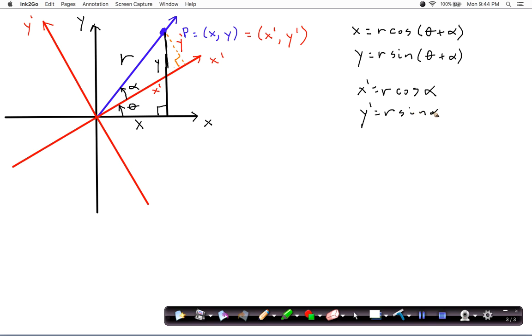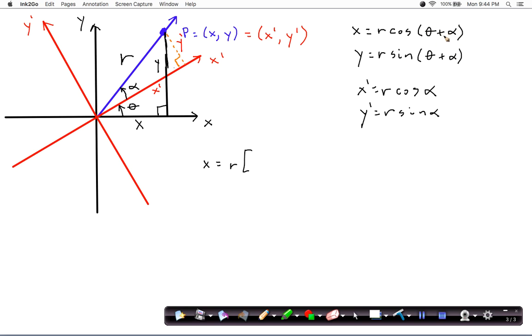Our basic trig. Okay. So we're getting close to the part which we wanted to get to, which is setting up the relationship between the x and y and x prime and y prime. So let's get that set up. I'm going to expand this out over here. We have some trig identities that we can use. So x is equal to r, and we can expand this.